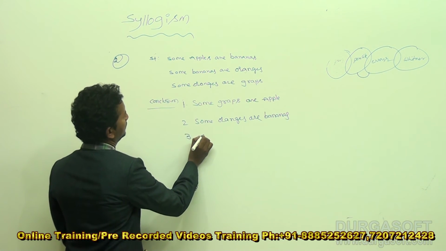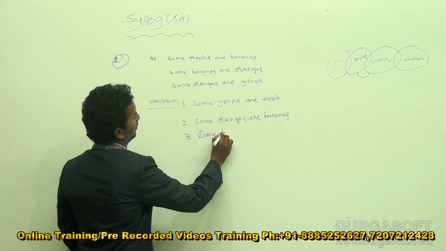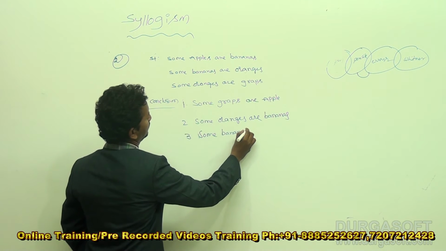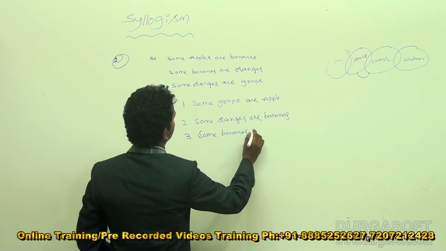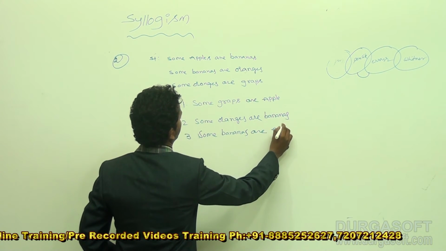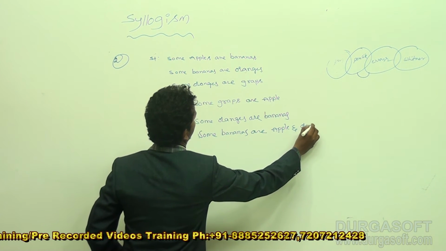Coming to the third one, some bananas are apples and oranges.